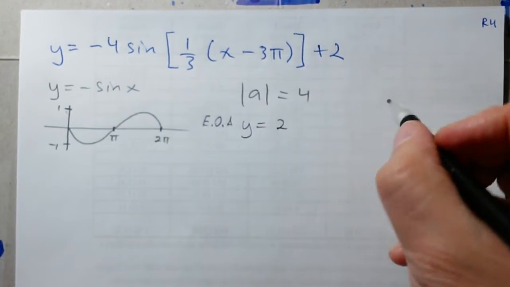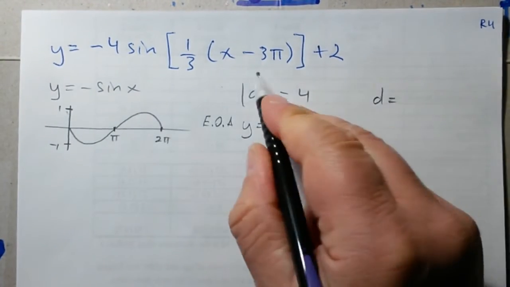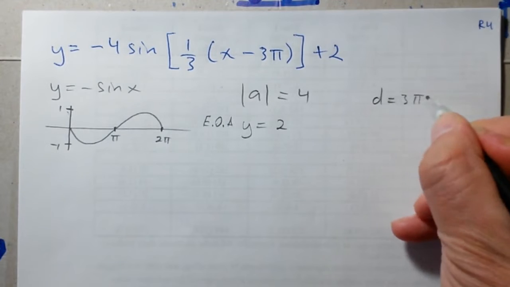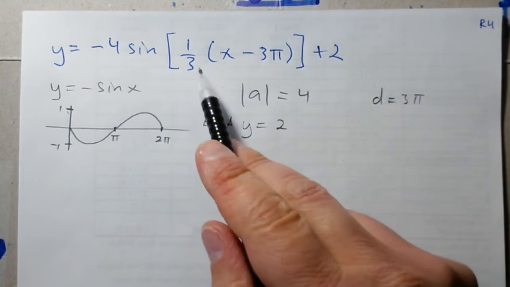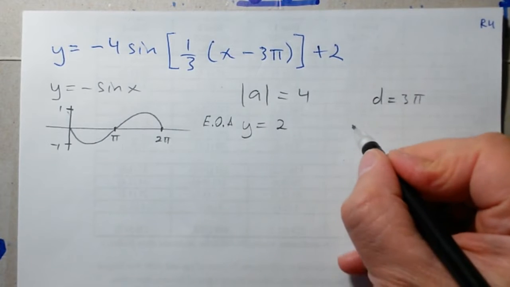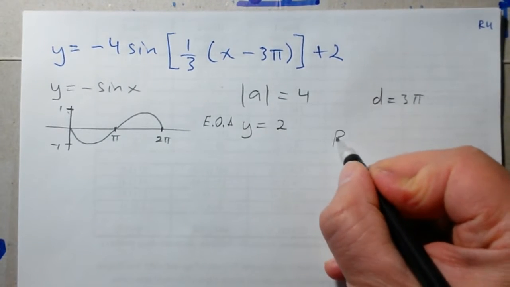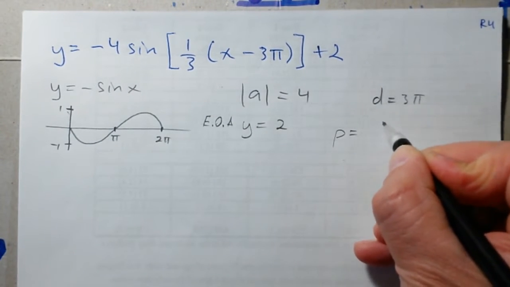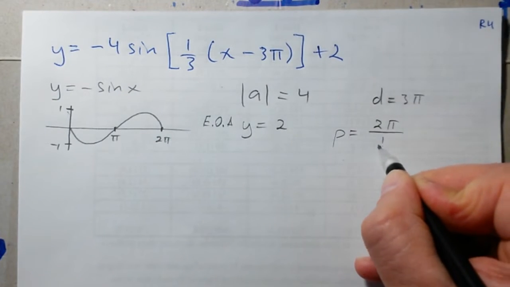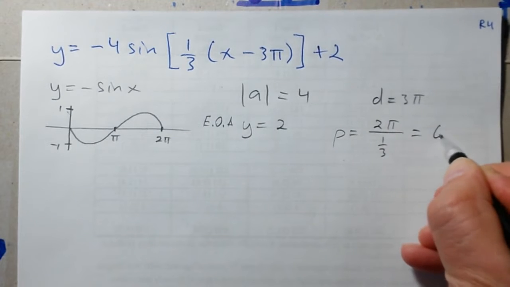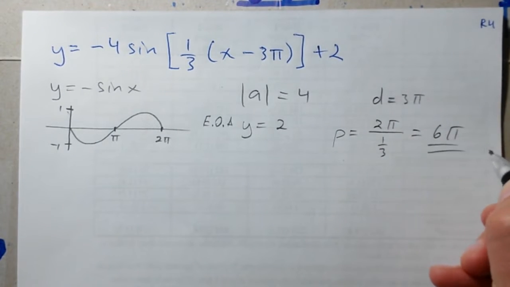Also, we know that the d value is equal to 3 pi, so it shifts 3 pi to the right. And then the period, we know it's going to be 2 pi over k. In this case, k happens to be 1/3, which is equal to 6 pi. So 6 pi is our period.